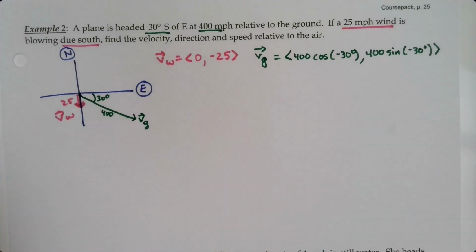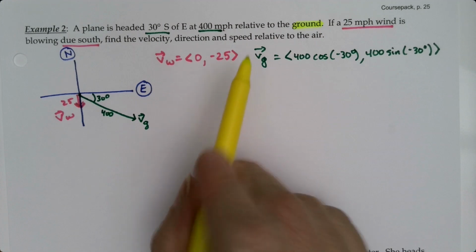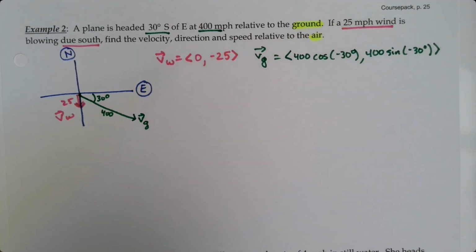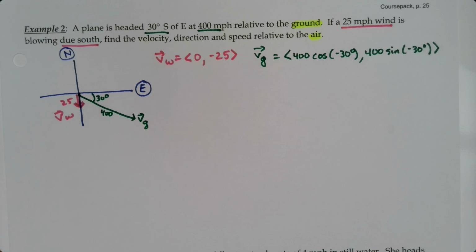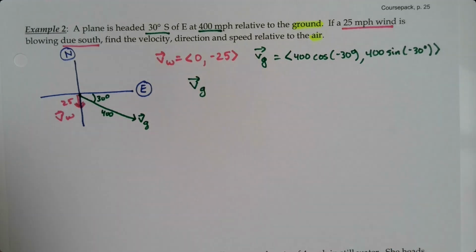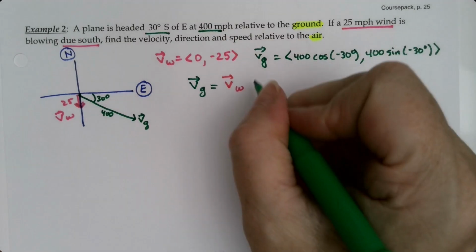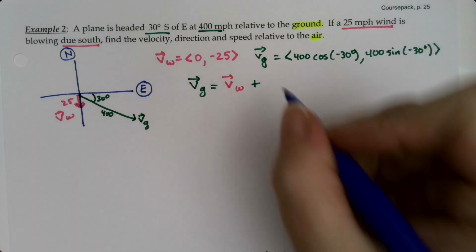Okay, now key to this is that this was the ground velocity given to us, and they're asking us for the velocity with respect to the air. Now remember the rule. The velocity with respect to the ground is equal to the velocity with respect to the wind plus the velocity with respect to the air.